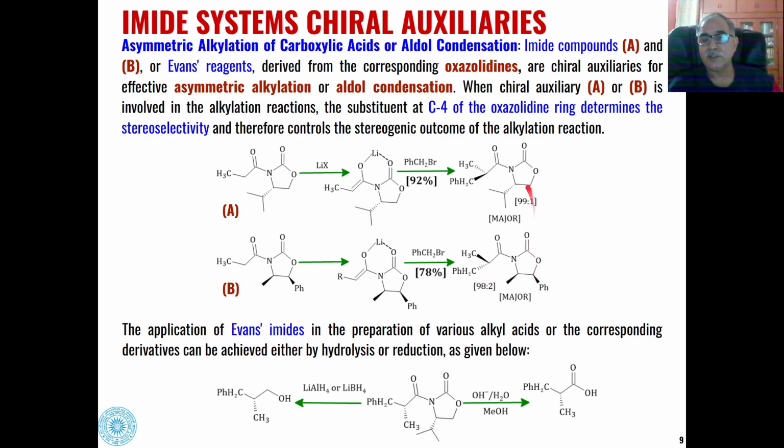Then hydrolysis of these types of chiral intermediates can lead to the formation of carboxylic acid, and similarly if we reduce these with reducing agents, then this will lead to the formation of the corresponding alcohols as the product. So either alcohols or substituted carboxylic acids or substituted hydroxyl compounds, they can be achieved through these types of asymmetric synthesis reactions.